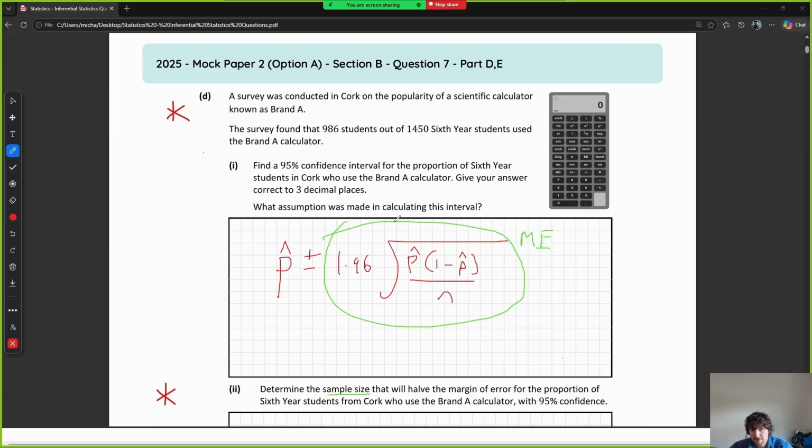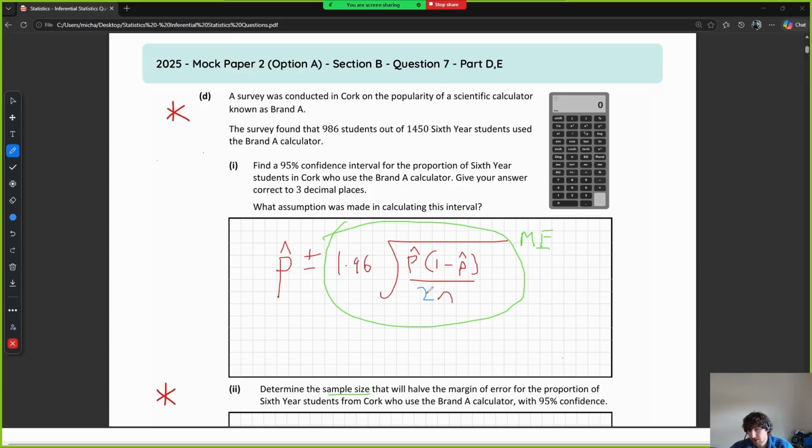So we want to half this guy's size, and we're going to change n's value. Very simply, all of this will remain constant except for the n. The n is the only thing that can change value. If you put a 2 in here, it won't halve it.